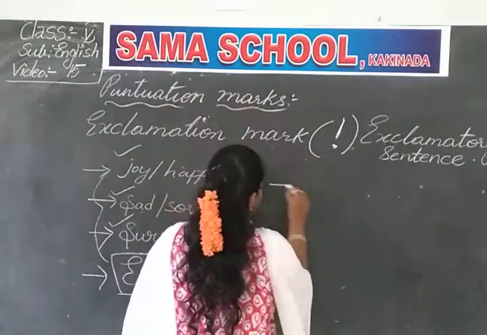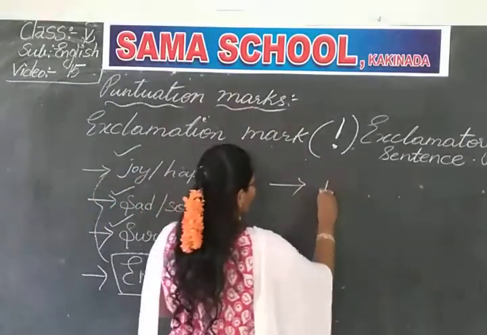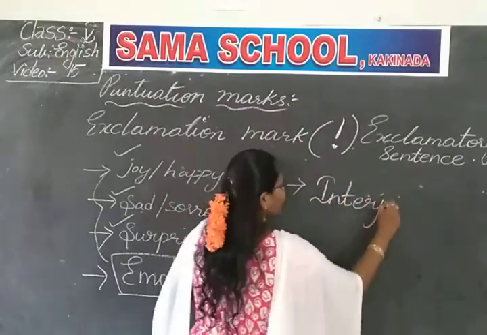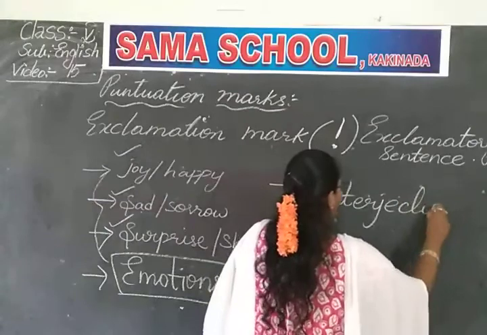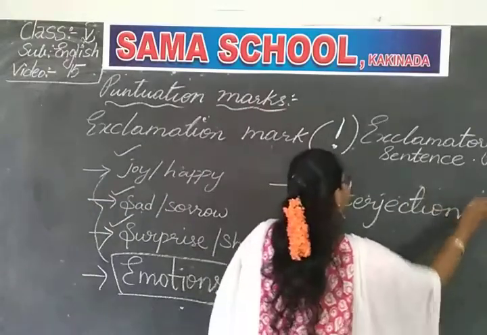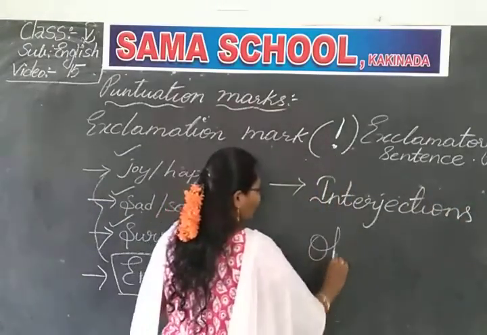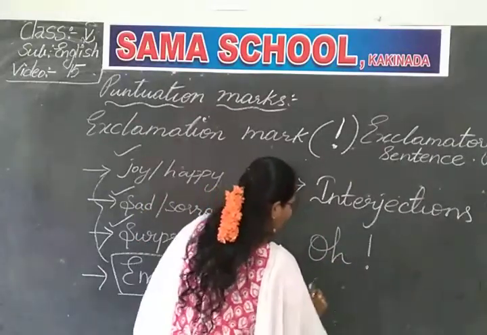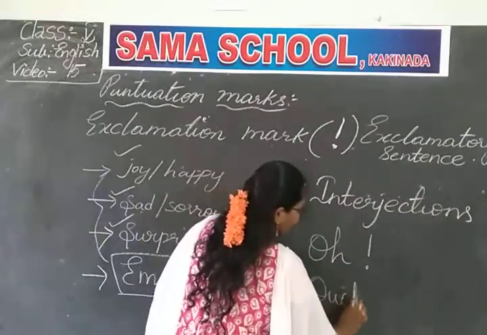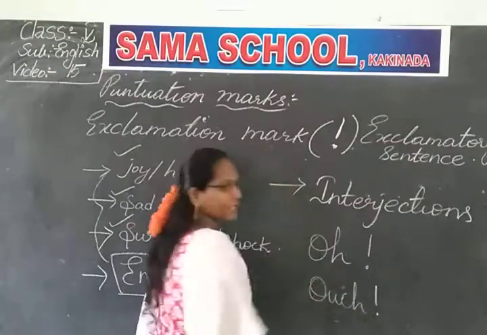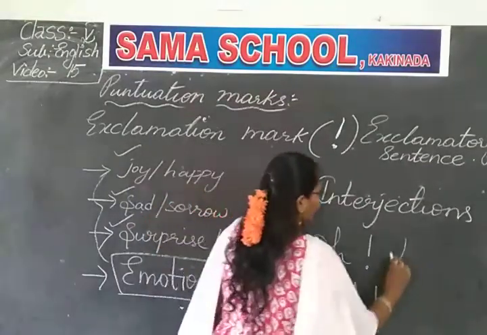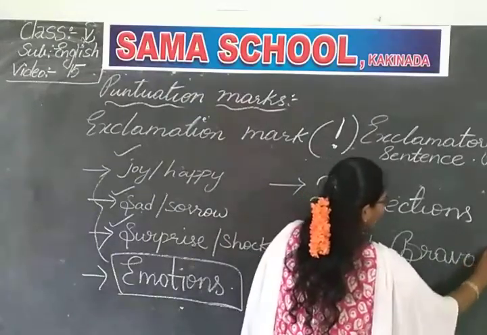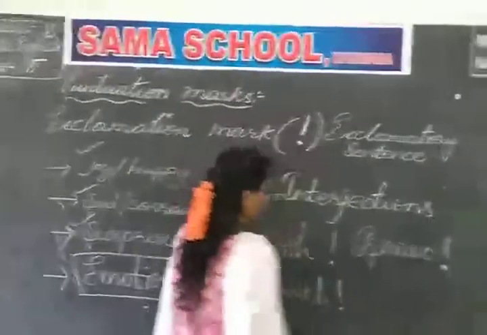And in the second stage, wherever you find interjections, you know interjections? Words like oh, we put an exclamatory mark. Ouch. We put an exclamatory mark. Bravo. We use an exclamatory mark. Did you understand?